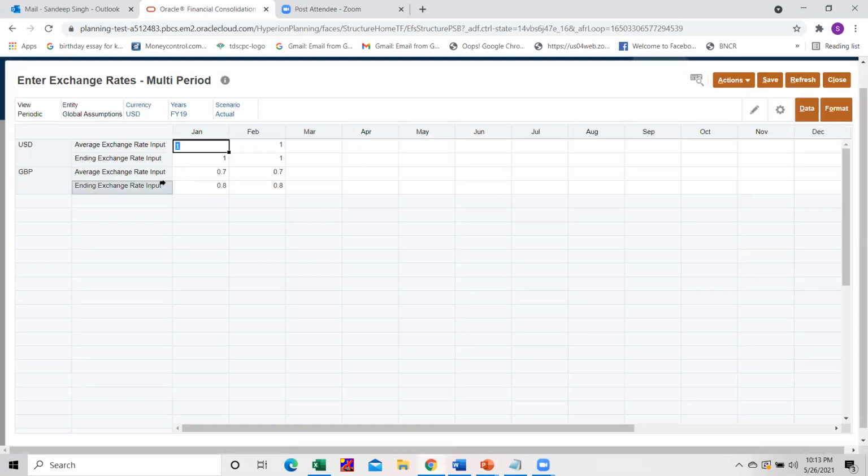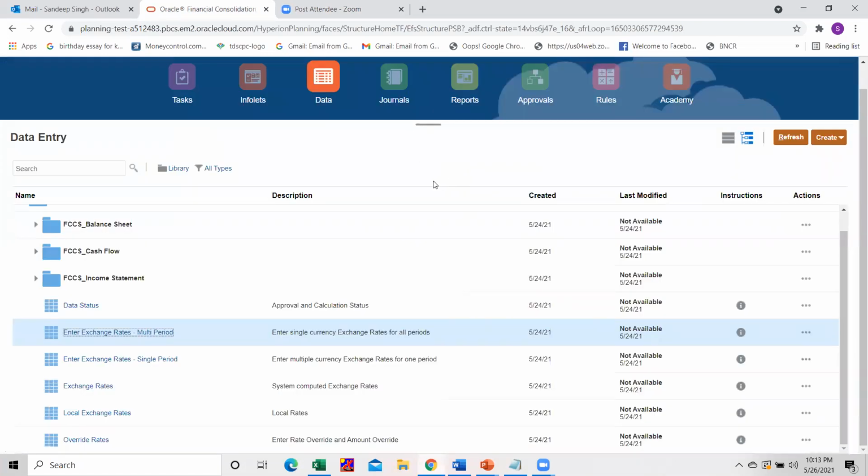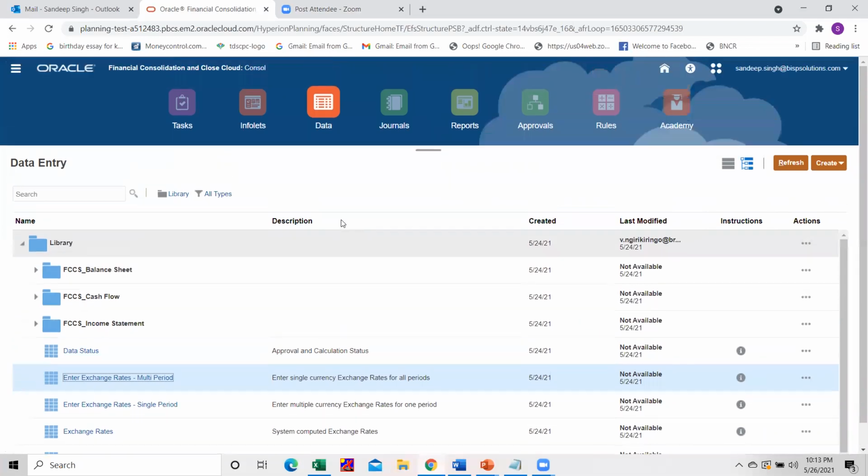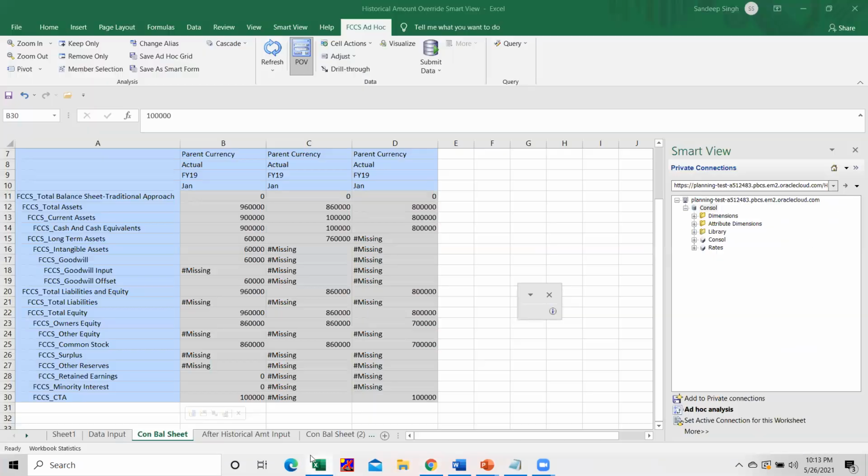Here I have given an average exchange rate of 0.70, and for the ending exchange rate I have given 0.80 against USD.